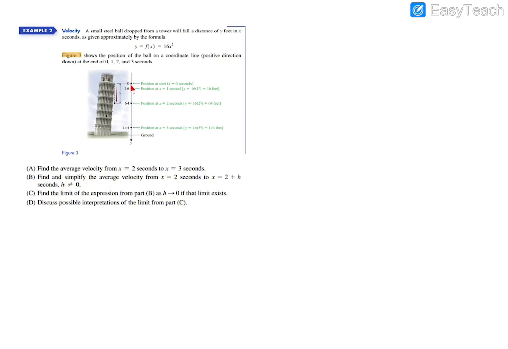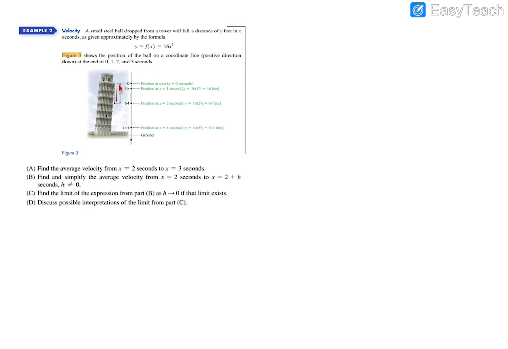Here x represents the time. When x equals 0, the position is the starting point, where the small steel ball is. After 1 second, when x equals 1, y is 16 times 1 squared, so 16 feet.